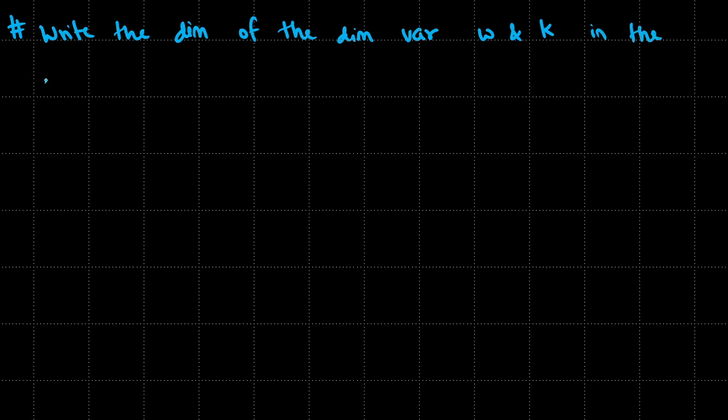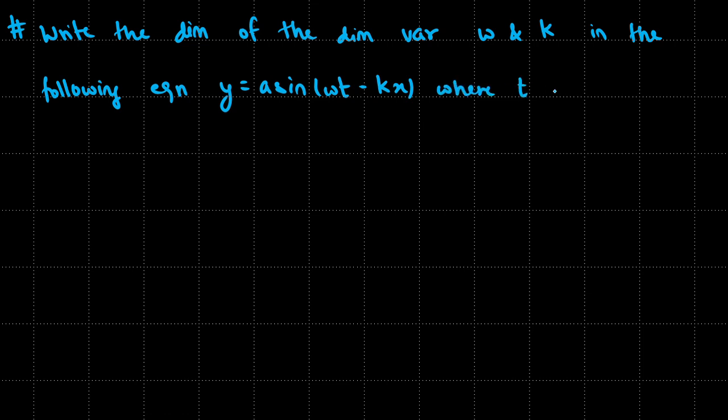Gonna do another question, which is: write the dimensions of the dimensional variables omega and k in the following equation: y equals a sine (omega t minus kx), where t and x are time and distance respectively.